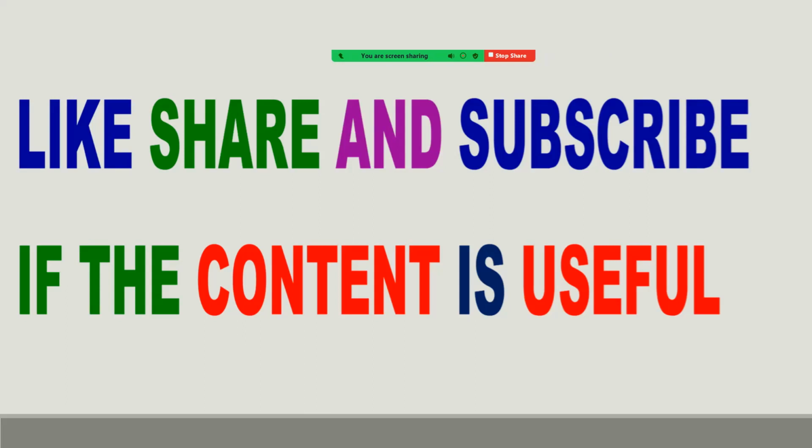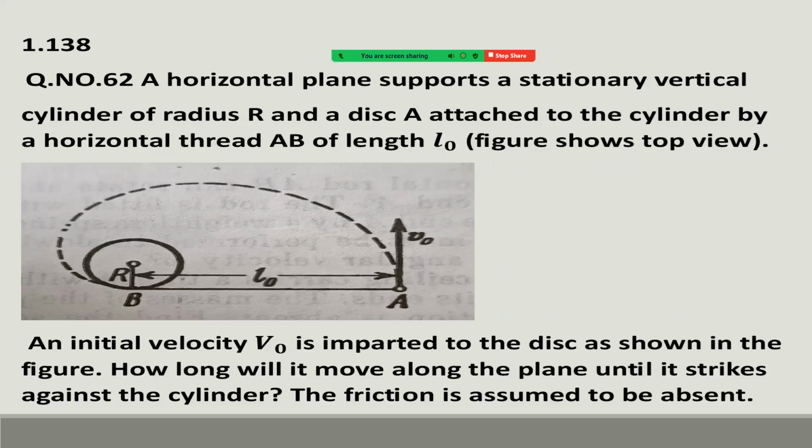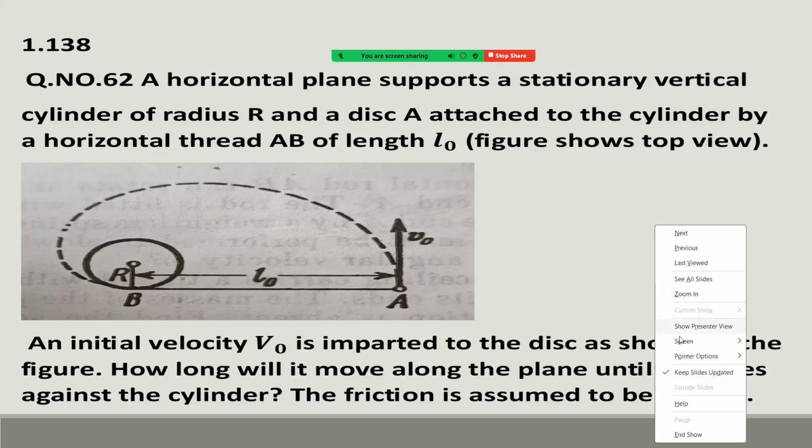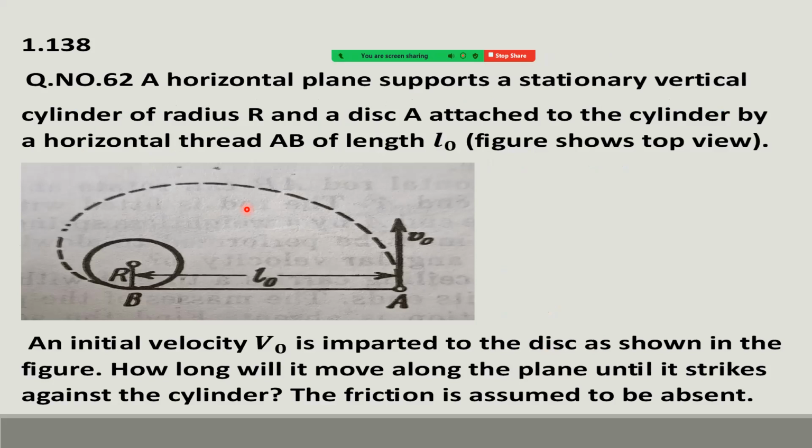Let us see the first one. A horizontal plane supports a stationary vertical cylinder of radius r and a disc A attached to the cylinder by a horizontal thread AB of length L0.